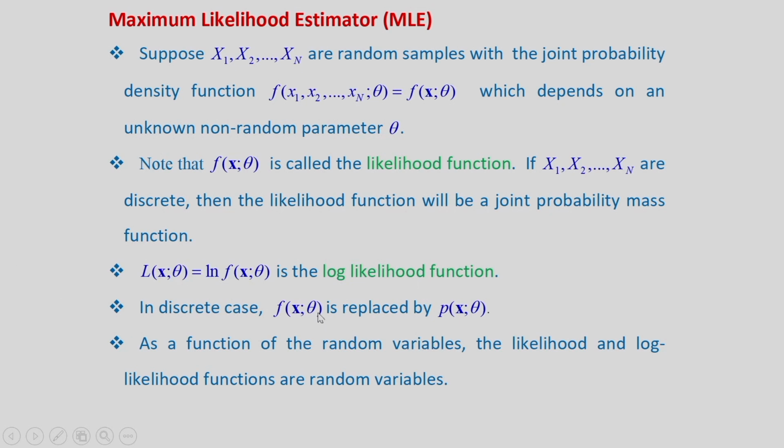Now, as f of x theta and p of x theta are functions of x, and when these x are varying, we can consider them to be functions of random variables. Therefore, the likelihood and log likelihood functions are also random variables when we consider varying x.